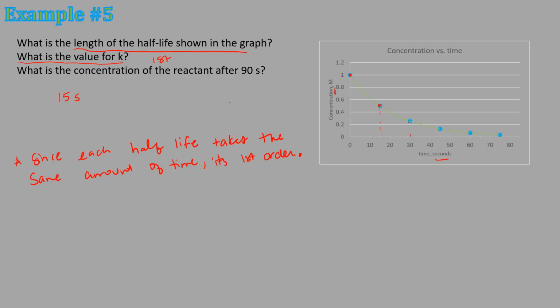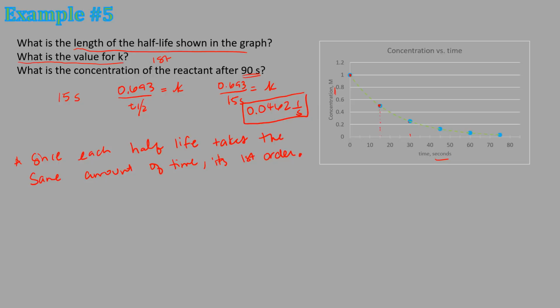So the first order equation, 0.693 divided by a half-life is equal to K. So if I just put my half-life in here, that means that I have 0.693 divided by 15 seconds is equal to K, and so my K is actually going to be equal to 0.0462 inverse seconds.